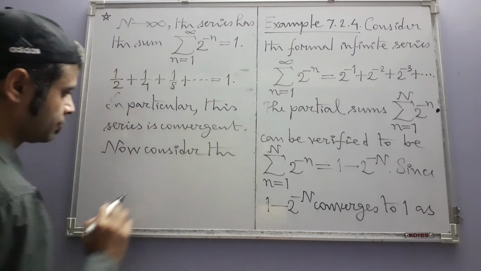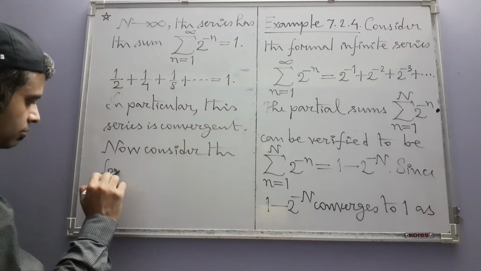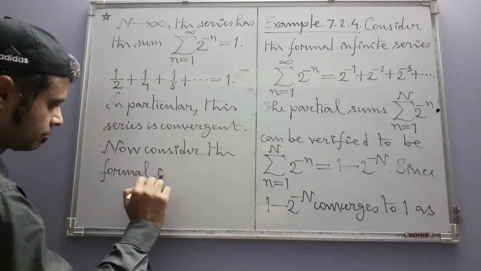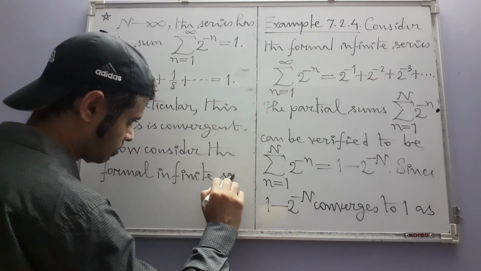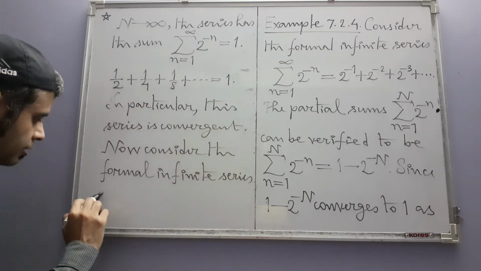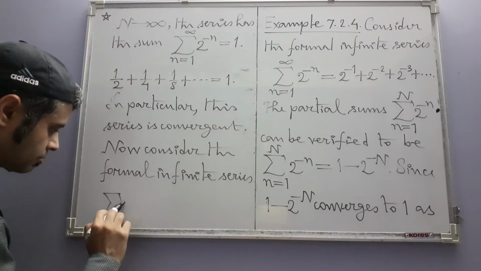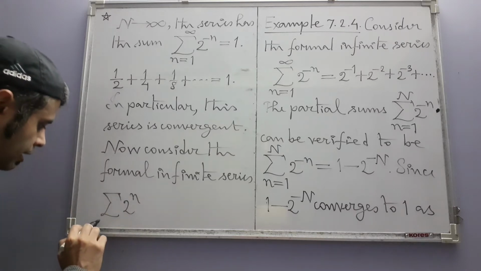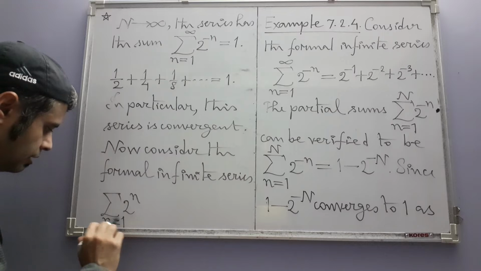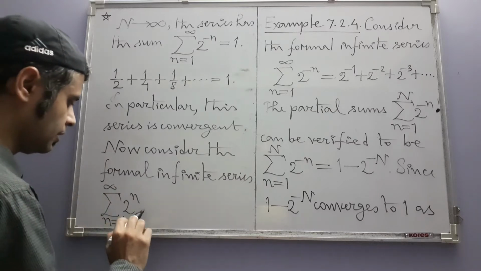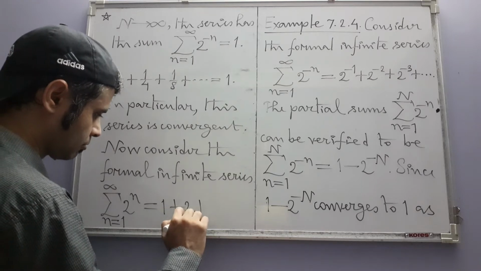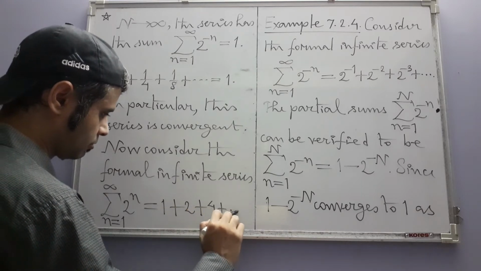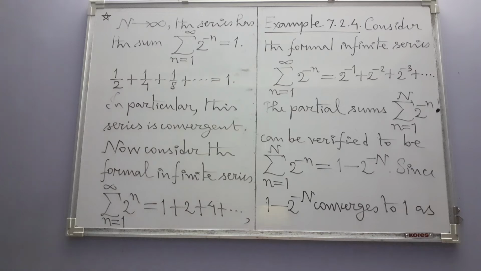consider the formal infinite series, 2 to the power n, where again n varies from 1 to infinity, and so on.